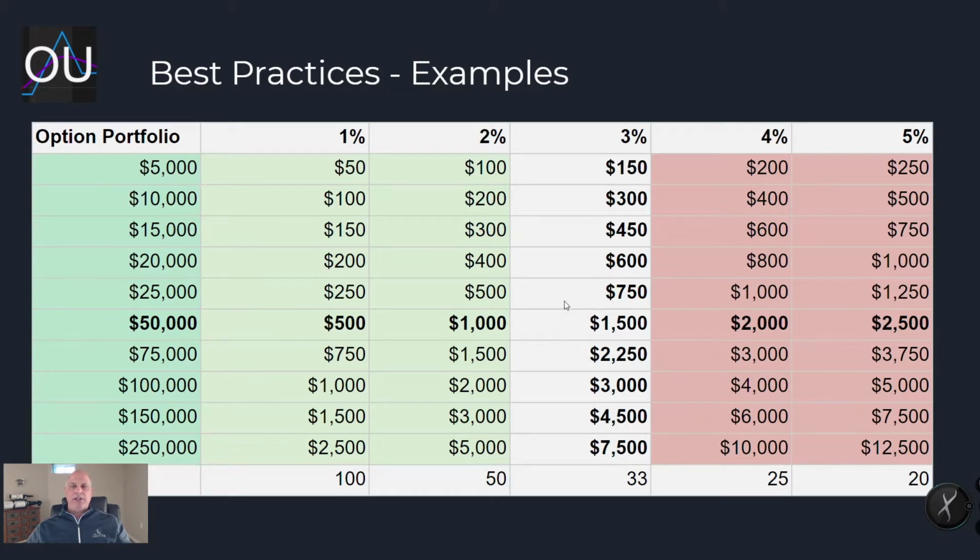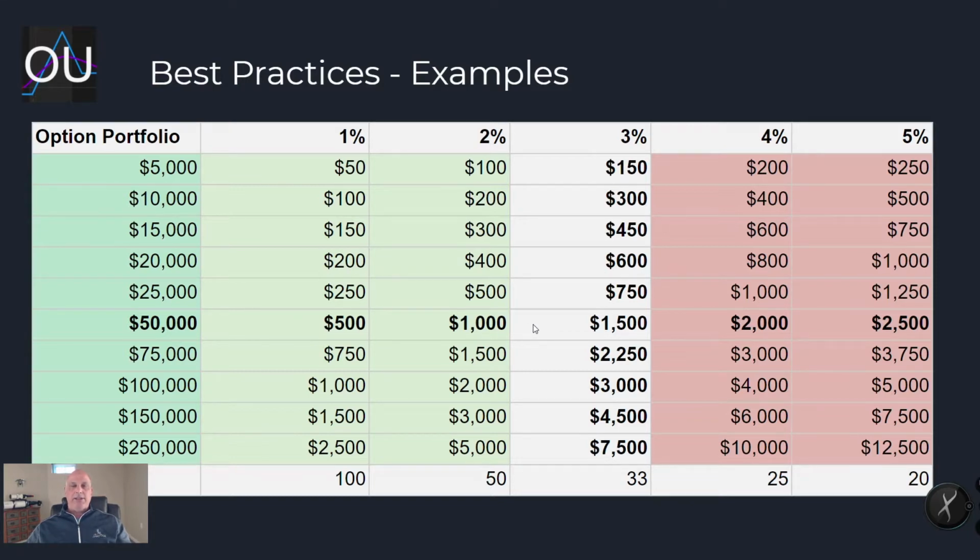If you're using spreads, your buying power reduction is going to be at a lower level. It's going to be down in the 1%, hopefully, or even lower. But then again, your probability of profit will be higher. Your risk will be lower with using spreads, but your overall profit will be lower.